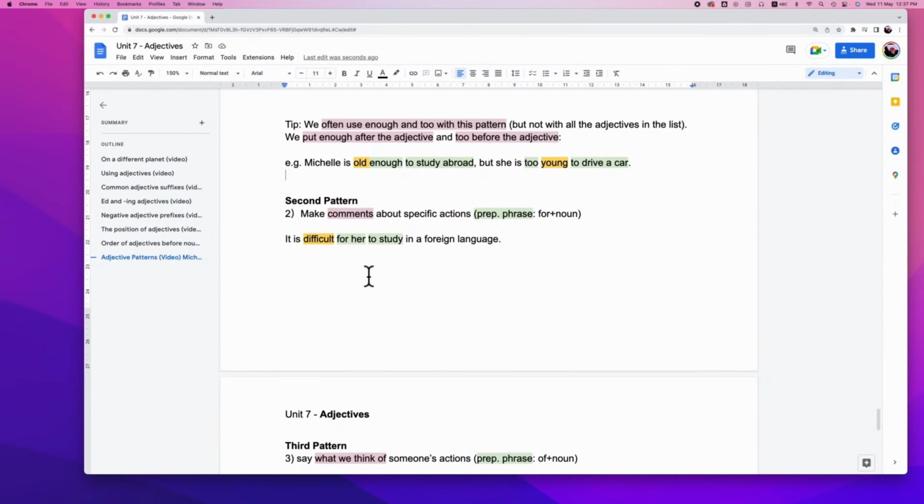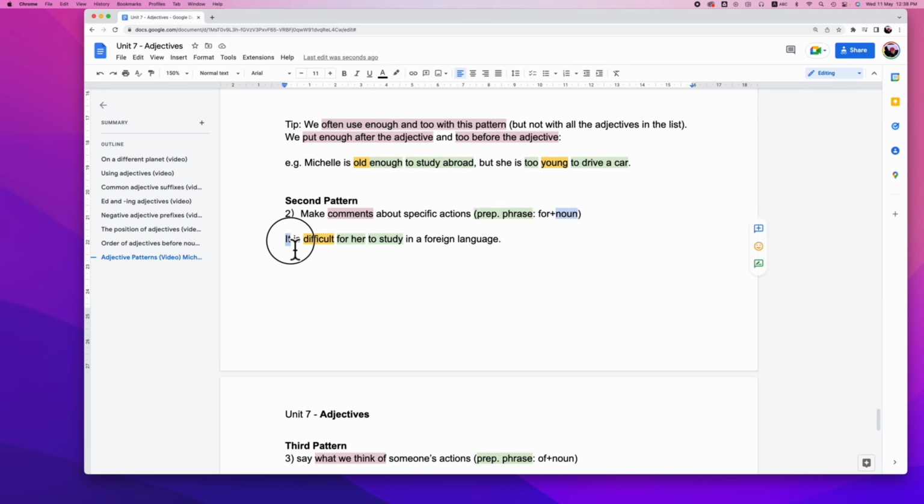When we make comments about someone, we use pattern 2, the adjectives with the pattern of comments. Let's take a look. To make comments about specific actions, we have to use a prepositional phrase. And what is a prepositional phrase? A preposition plus a blue. And this time, the preposition that we use is for.